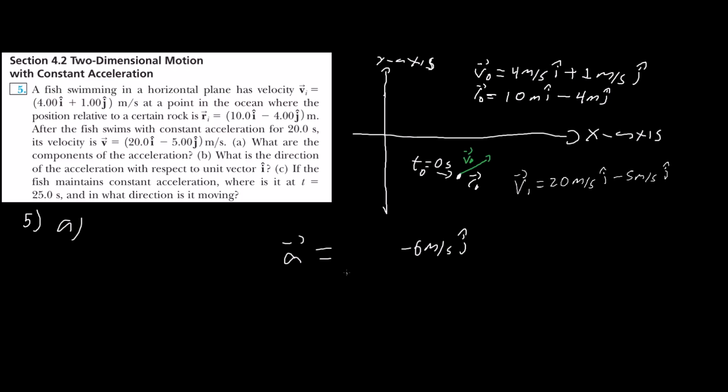And 20 minus 4, that's 16 meters per second in the i hat direction. That is the change of the velocity over the course of 20 seconds. So therefore, once you do the math, you would have 0.8 meters per second squared in the i hat direction, minus 0.3 meters per second squared in the j hat direction.